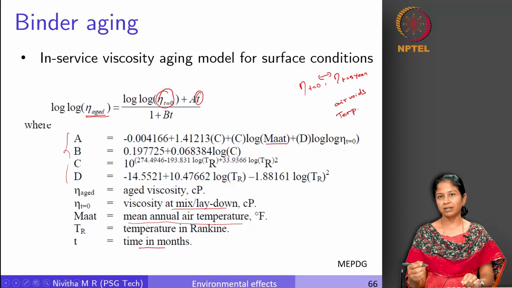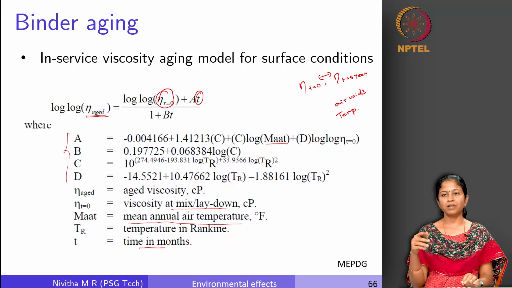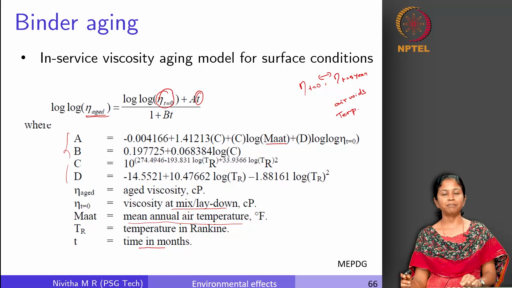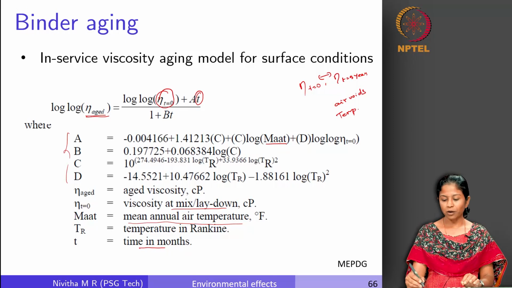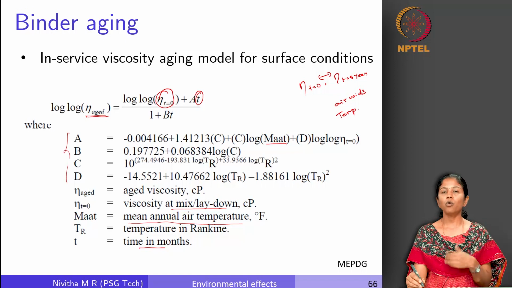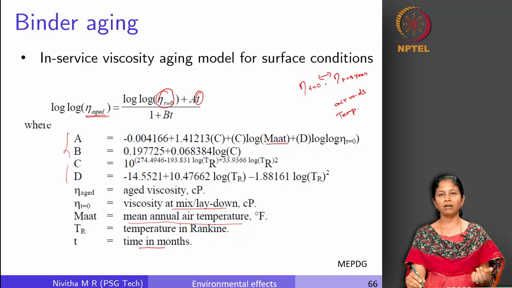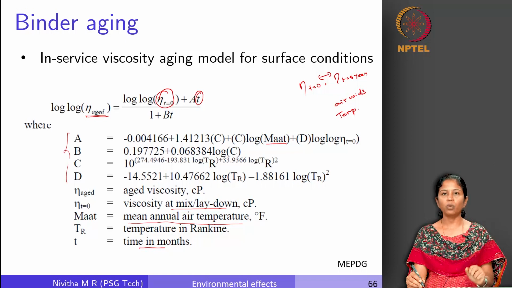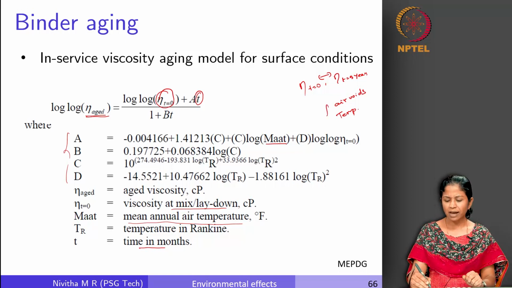If the mean annual air temperature is high, then this particular location is going to experience more aging compared to another location which has a relatively lower air temperature, right. So, these are two main parameters which are going to influence this relation.